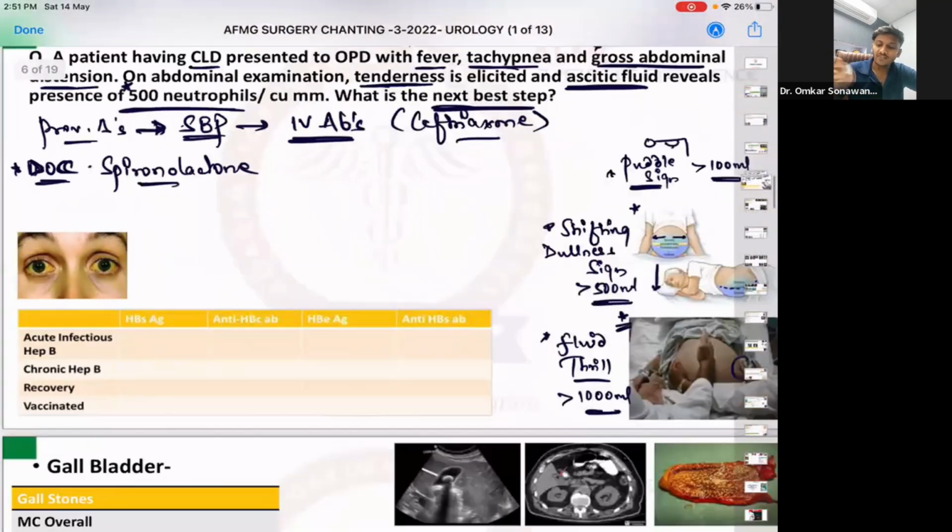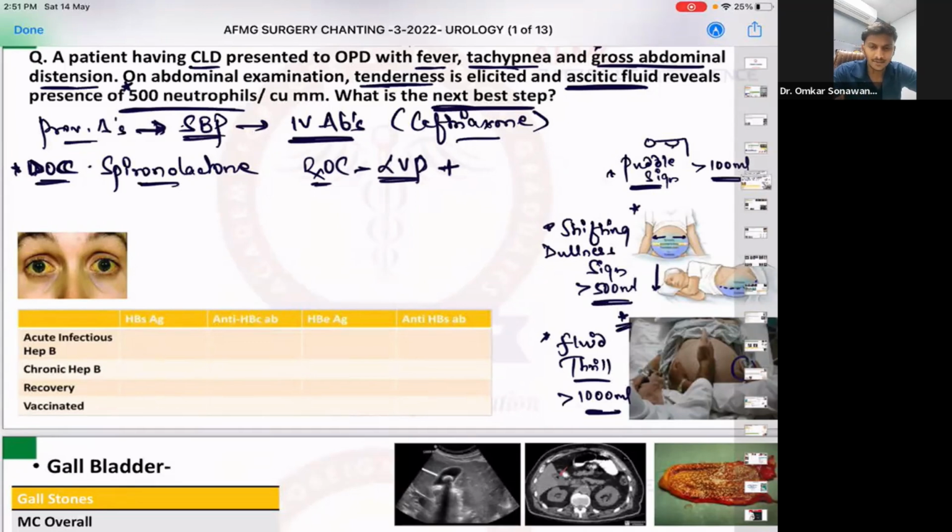If there is massive ascites, as I told you, the treatment of choice is definitely large volume paracentesis, which means the fluid would be removed. But before large volume paracentesis, we need to give a substance, and that is called, anybody? In CHF we give furosemide, very good. In CHF we give furosemide, while in CLD or cirrhosis we usually give spironolactone.